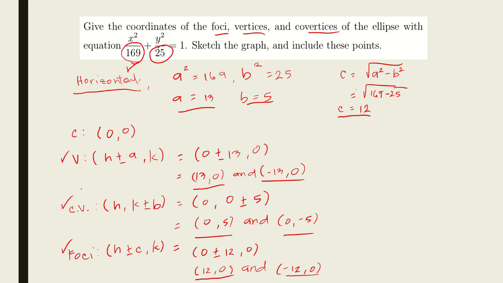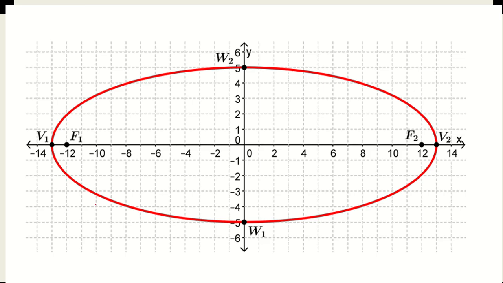After that, we're going to sketch the graph needed, and the graph should carefully be drawn with proper labels. Observe carefully how the graph will look. Make sure to plot first the center, followed by your vertices, co-vertices, and lastly, you plot the points of the foci.